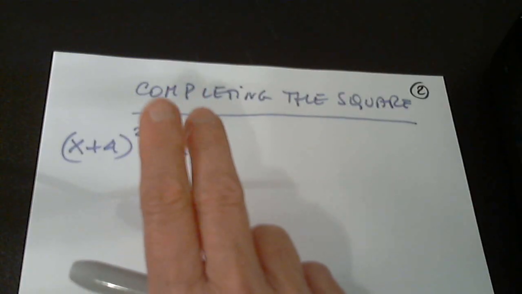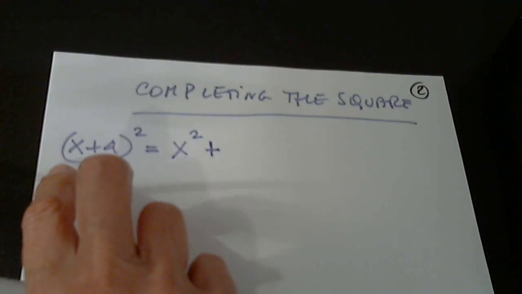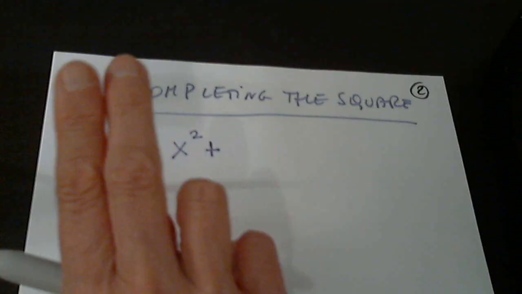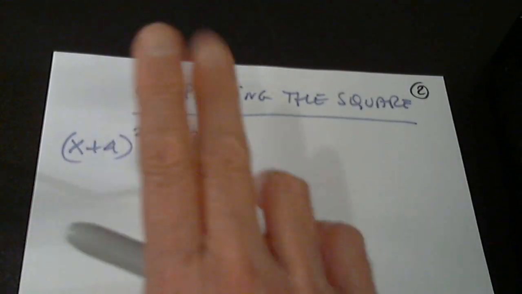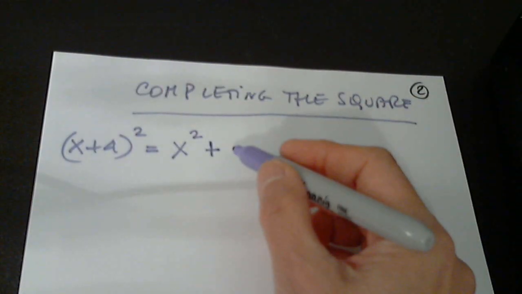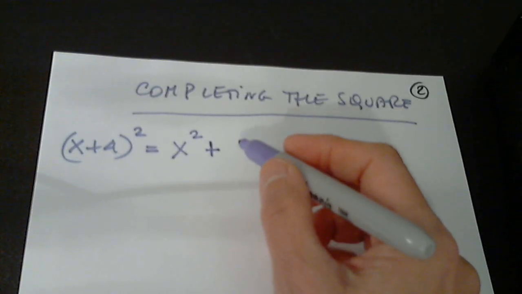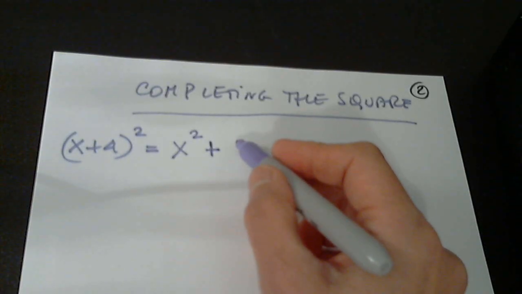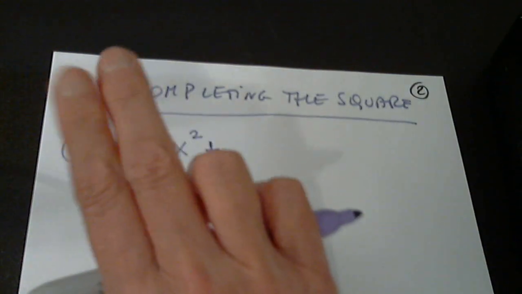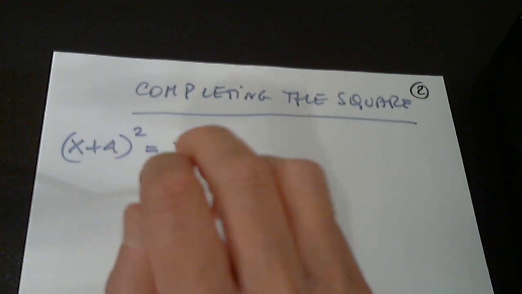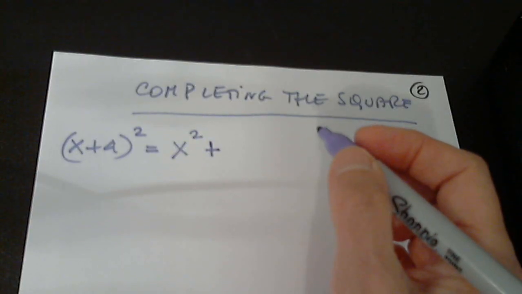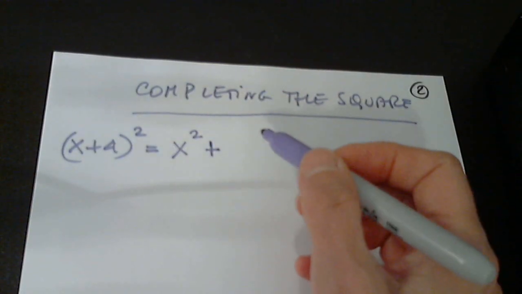2 times the first times the second. Multiply these 2 and multiply by 2. So 4x, multiplied by 2. We are not foiling. We're not going backwards in time, we're moving forward.